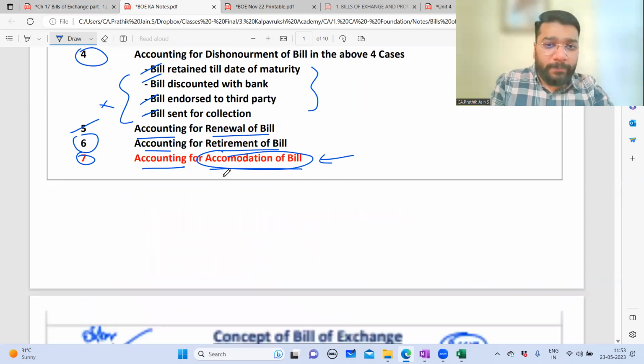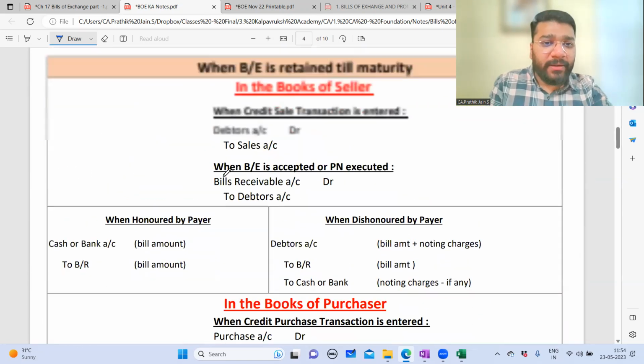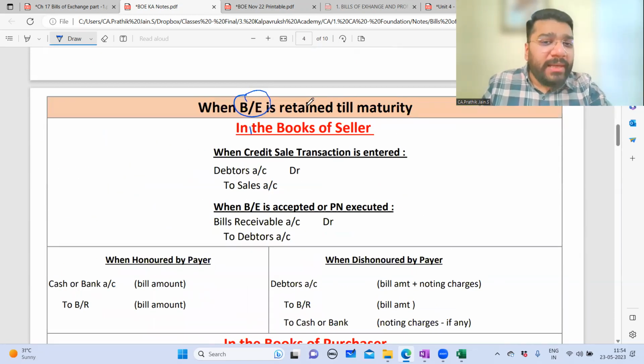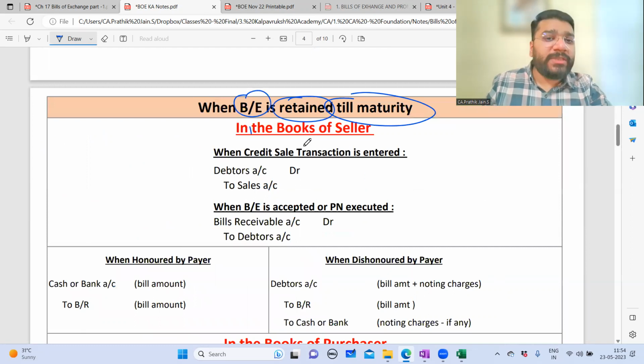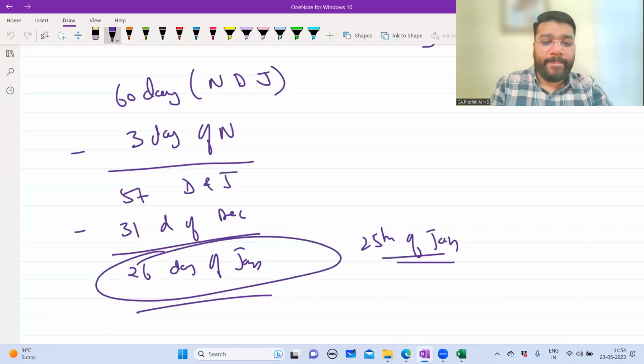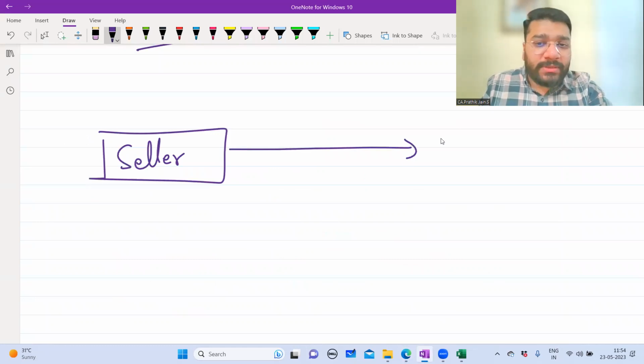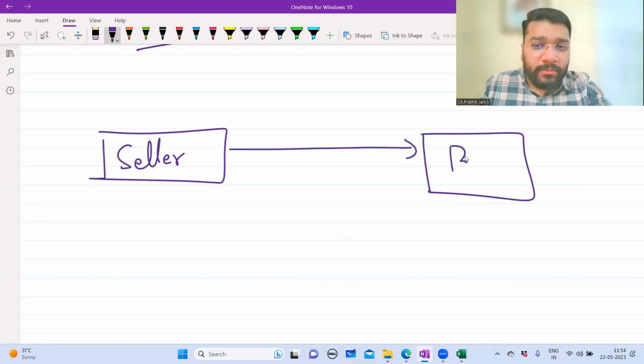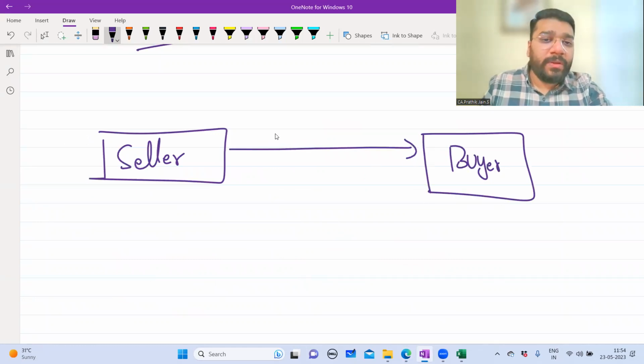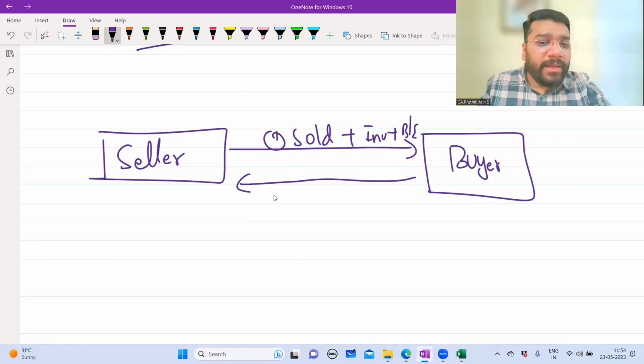So let's go forward. The first case is basically, people, where the question says that a bill is retained till maturity. This means what? The seller has sold the goods to the buyer along with invoice plus bill of exchange, and this buyer is accepting the bill and giving it back.